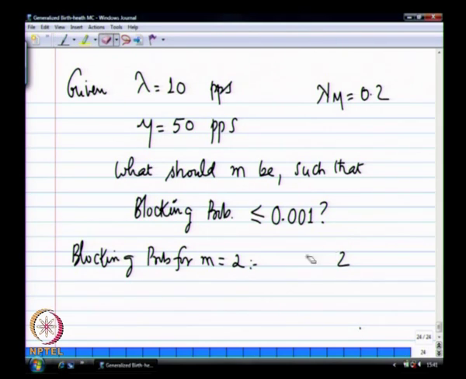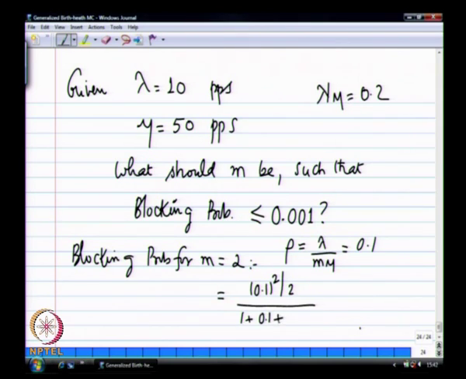Okay, let us abandon this for now. So let us just do rho equals lambda by mu, so 0.1. So therefore the blocking probability is easy enough to calculate.